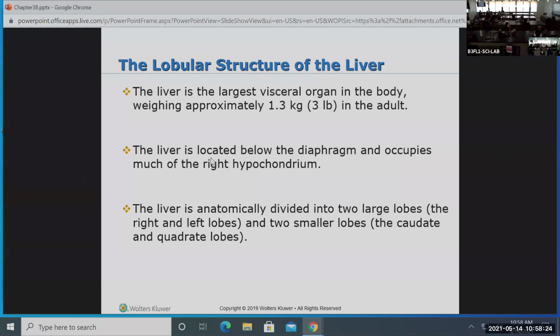Part of the left lobe of the liver extends to my epigastric region also. Now the liver is anatomically divided into two large lobes, the right lobe and the left lobe. And there are two small lobes we call the caudate lobe and the quadrate lobe. Make sure you know the location of those small lobes, caudate and quadrate.